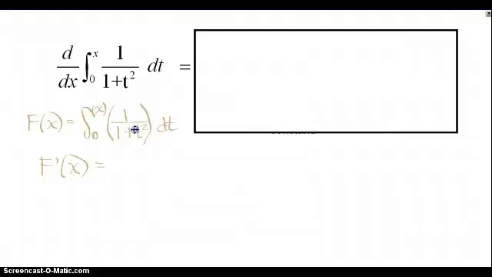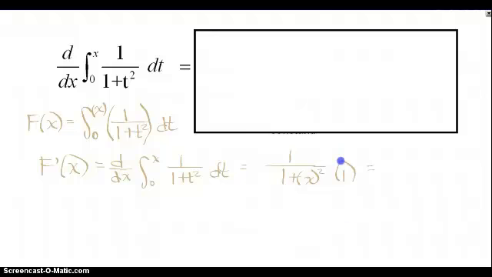So what that's going to look like is the derivative of the outside, which looks like this, not changing the inside. The inside is x, right, times the derivative of what's inside. So basically what I wind up with is 1 over the quantity 1 plus x squared.